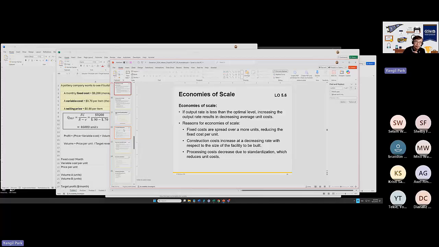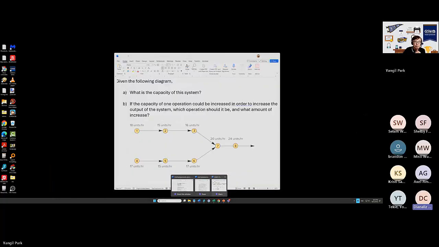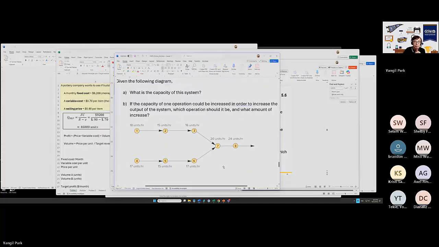You're analyzing how this system works and what you think of the system. And for B, you're just asking our opinion on what we think should be increased in order to increase the output of the system. Right.